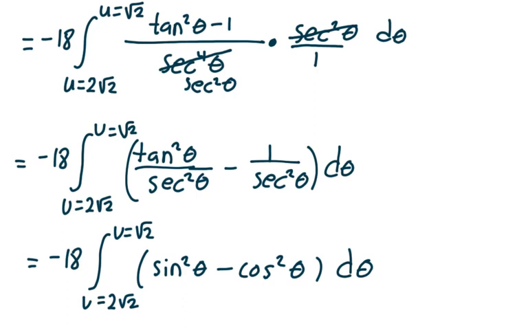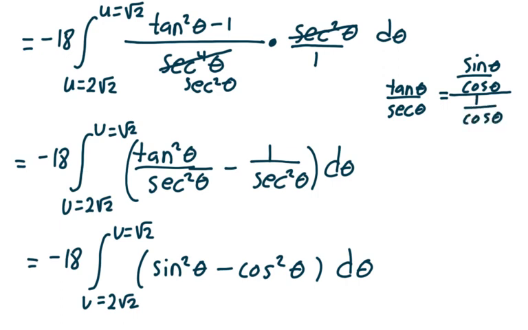Now, just kind of real quick here, tangent theta over secant theta. So this is sine theta divided by cosine theta divided by 1 over cosine theta. Notice how the cosines go away and you're left with sine theta.